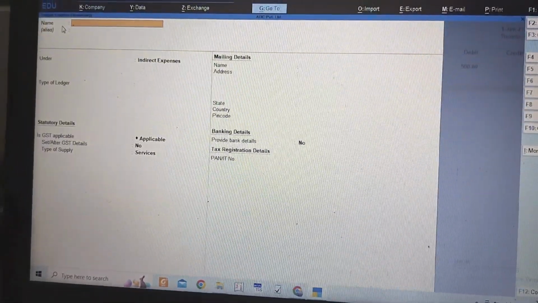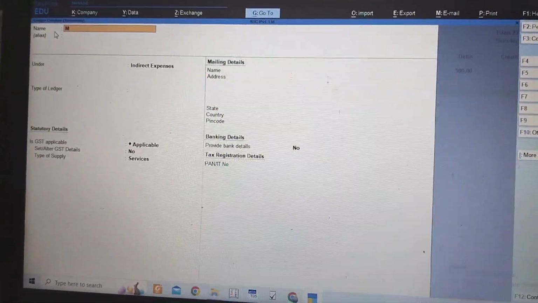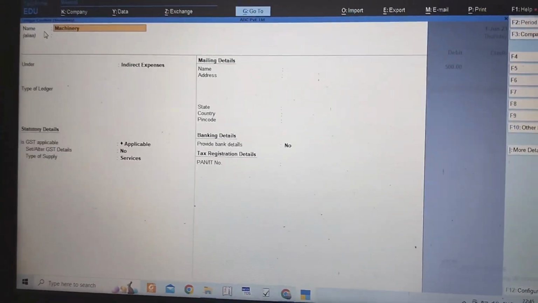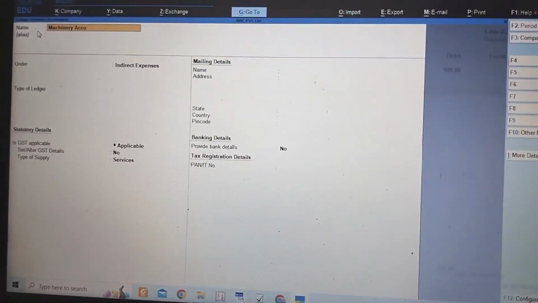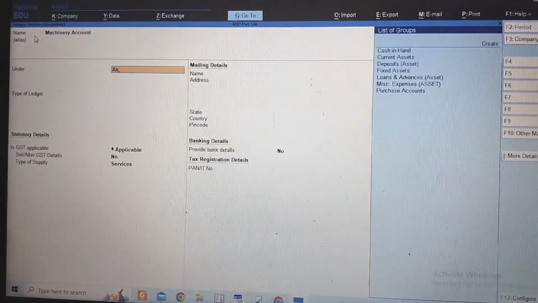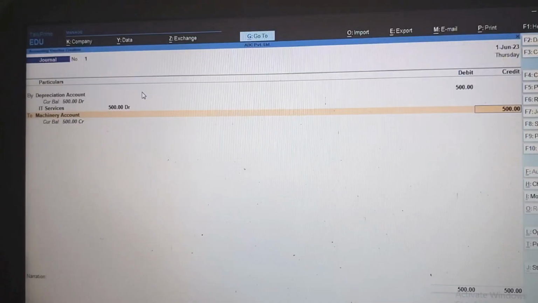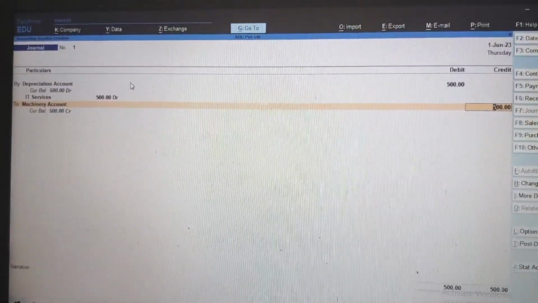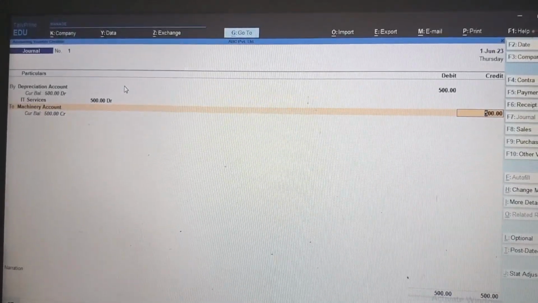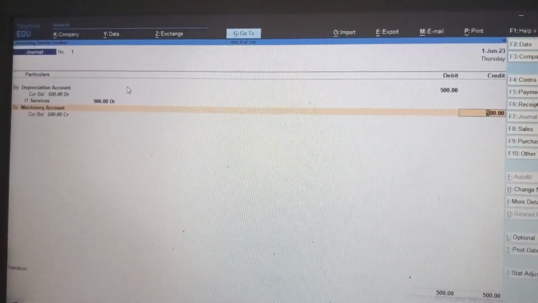I have to create one account, machinery account. So I created machinery account under fixed asset, and the entry for depreciation would be depreciation account debit to machinery account.